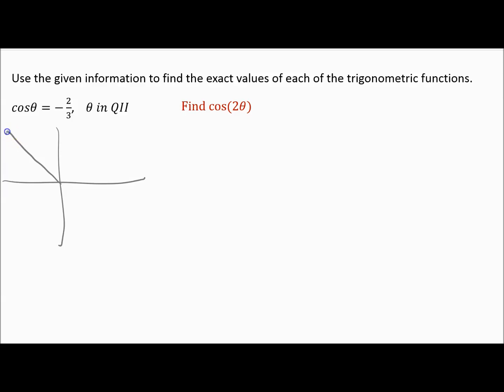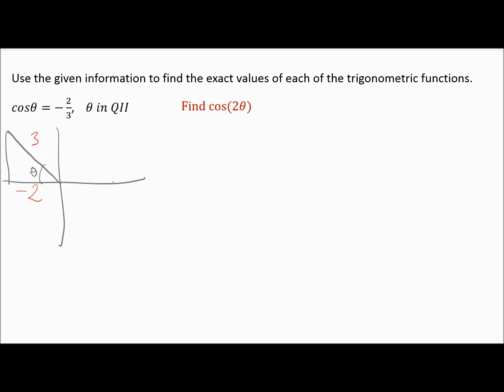Okay, so my theta is here, but my reference angle I can just draw inside. Okay, I need to label the sides. Remember, cosine is x over r, or you can think about it as adjacent over hypotenuse, and the hypotenuse is 3. It cannot be negative. That means the adjacent side must be the -2. Not only that, in quadrant 2, your x values are negative.